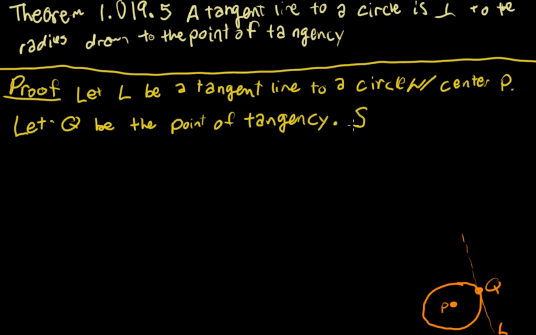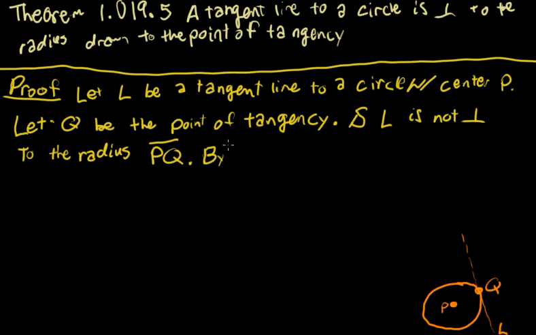Then we'll say suppose L is not perpendicular to the radius PQ. So it's going to be a proof by contradiction.